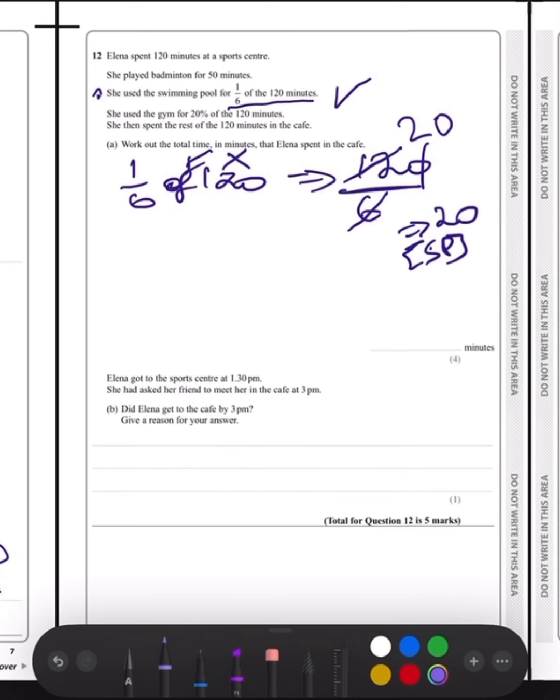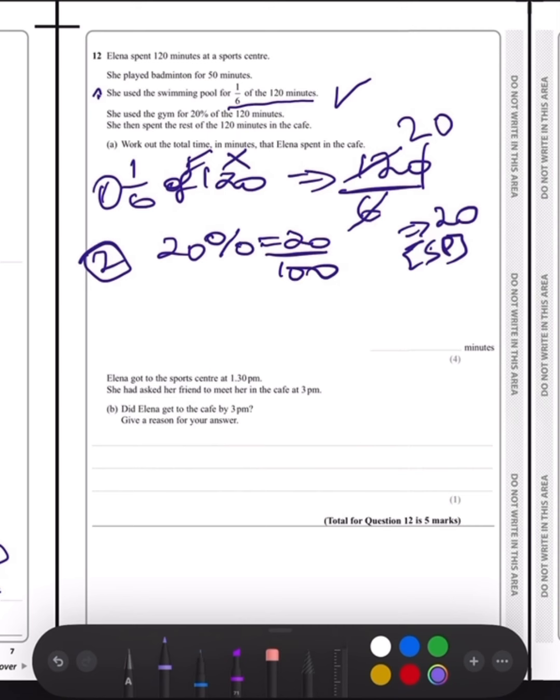Moving on to the next part, already on 1 mark, which is good. Second mark we get is for thinking that then she used the gym for 20% of the 120 minutes. So this can be done in 2 methods. I think the first method is very much clear. People can use this one as well. We already know that 20% is equal to 20 over 100.